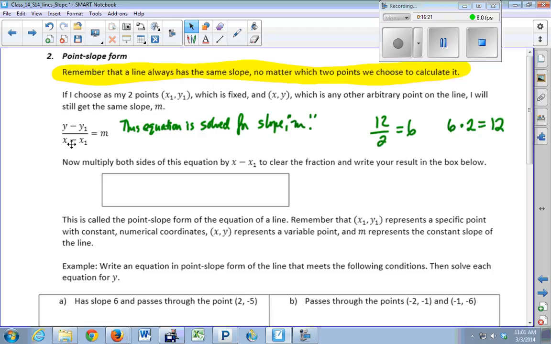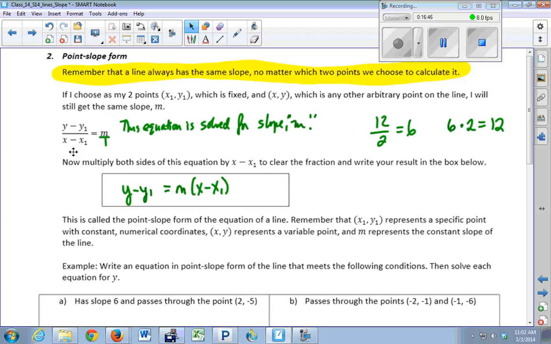So that's the same thing that I'm going to do now. Because this is really a proportion and your cross products are equal. It's just that we could put a 1 there. So I could say m times the change in my x's is equal to my numerator. There we go. So this is the point slope form of a line.